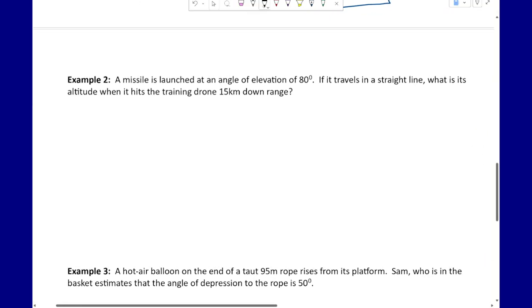Example number 2, a missile is launched at an angle of elevation of 80 degrees. If it travels in a straight line, what is its altitude when it hits the training drone 15 kilometers downrange? So we're going to draw a missile. See, test our art skills here.